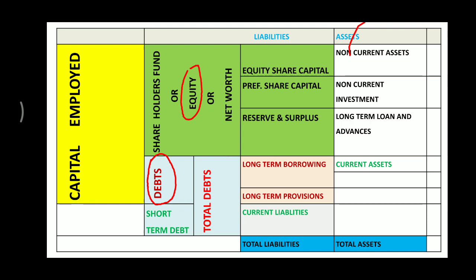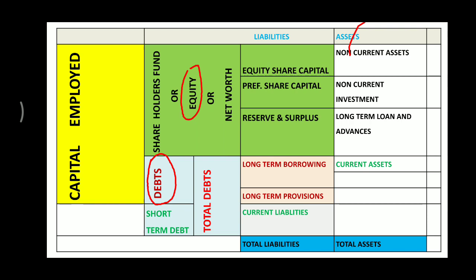And in this you have to keep in mind that total liabilities are always equal to total assets, because in many of the questions, rather than the figure of total liabilities, the figure of total assets will be given. So that time you have to keep in mind that in a balance sheet total liabilities are always equal to the total assets.